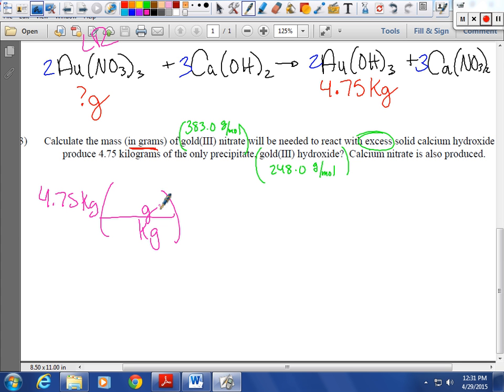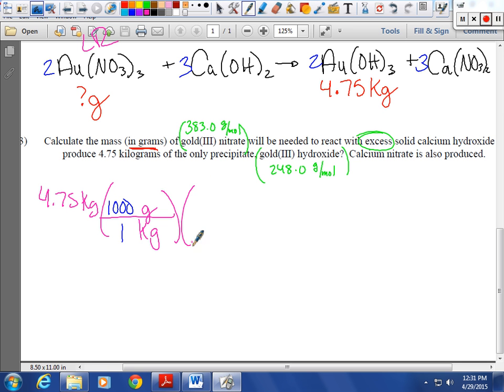Where does the 1 go? In 1 kilogram, there are 1,000 grams. Either way you want to do it works perfectly fine. Because if you multiply that 4.75 times 1,000, what are you going to get? 4,750. It's the same number. This is just showing it in the stoichiometry. If you want to leave this step out, that's perfectly fine.